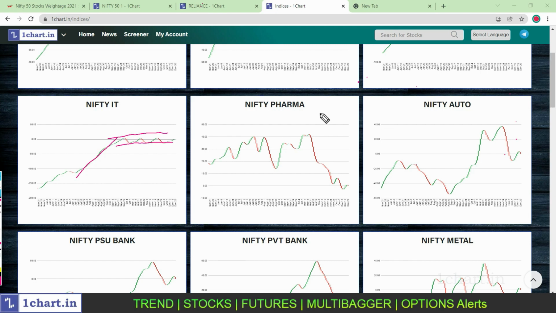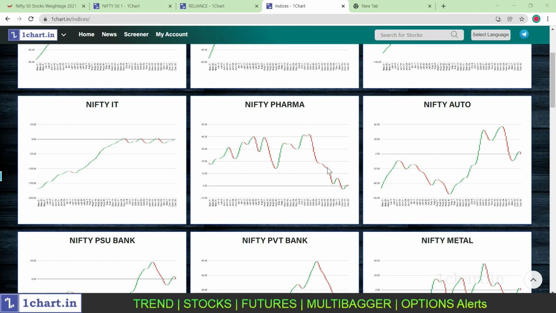So today Nifty is 300 points gap down and formed a range of 500 points. So how did this happen? Those 20 stocks are all in negative direction, so Nifty also gap down happened.